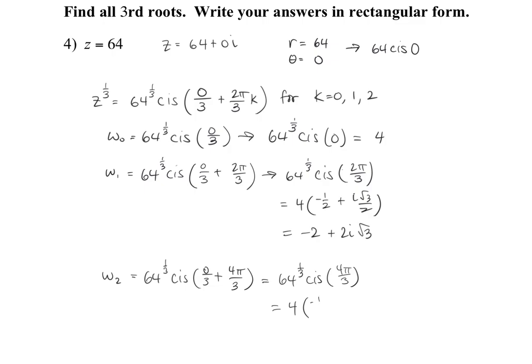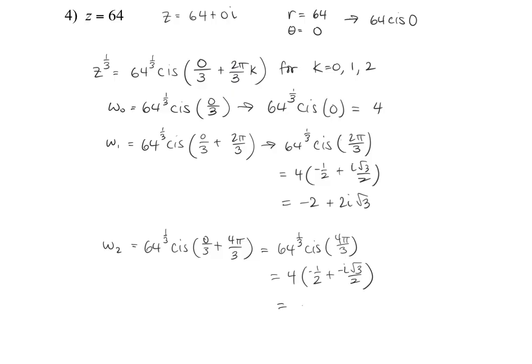So cosine is negative 1/2. And for the sine, it's negative root 3 over 2. So here we have the 3 third roots, or cube roots, of 64.